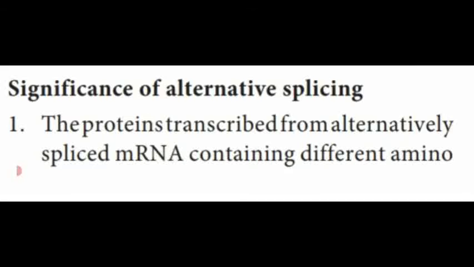The significance: the proteins transcribed from alternatively spliced mRNA contain different amino acid sequences, which leads to the generation of protein diversity, that is, variability, and biological function. So variable proteins and their biological functions are identified with the help of alternative splicing.